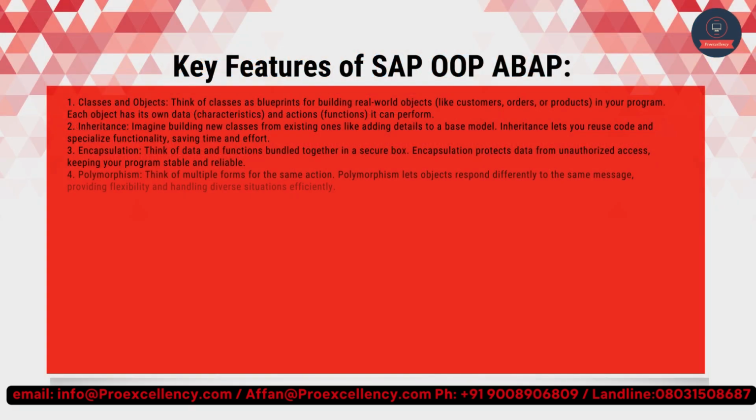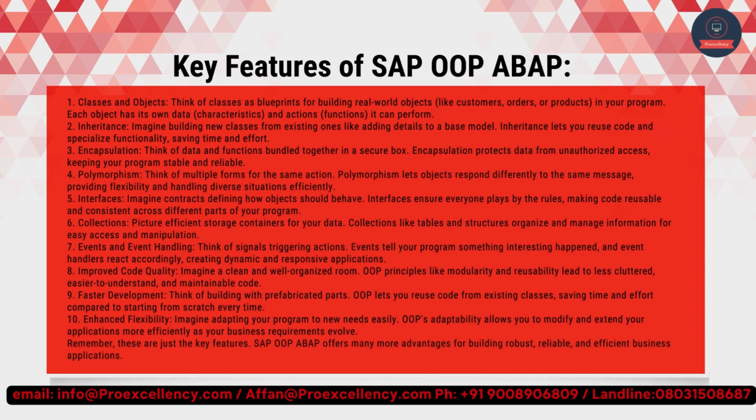Features of SAP OOP ABAP. 1. Classes and objects. Think of classes as blueprints for building real-world objects, like customers, orders, or products, in your program. Each object has its own data, characteristics, and actions, functions it can perform. 2. Inheritance.